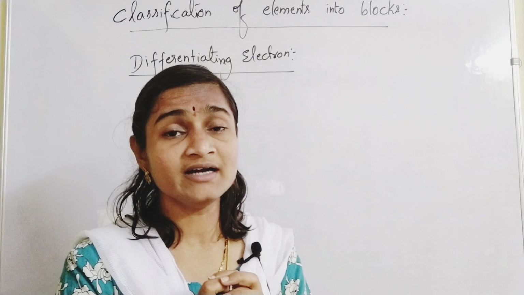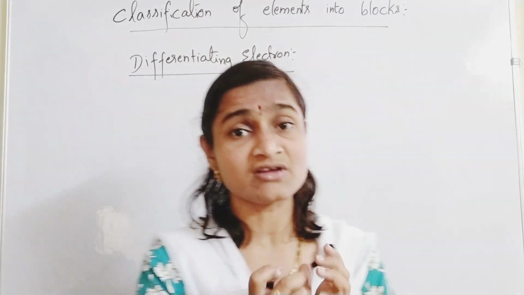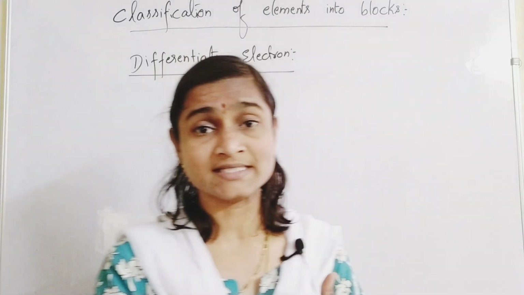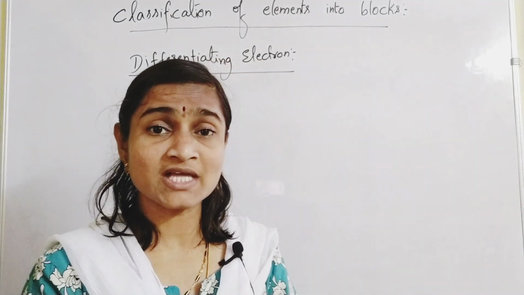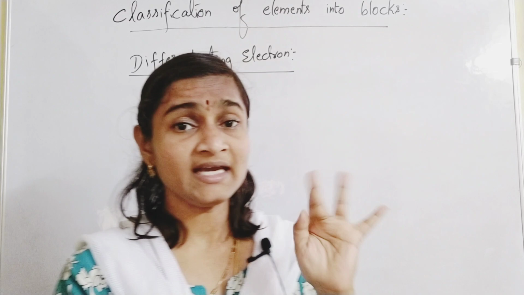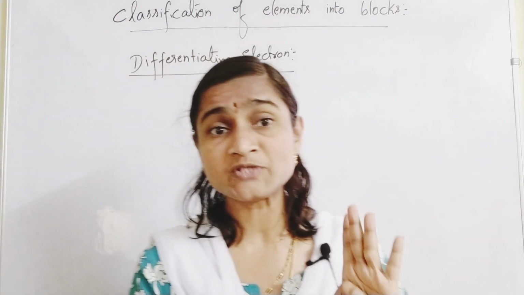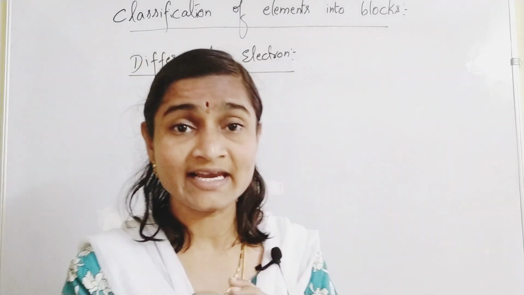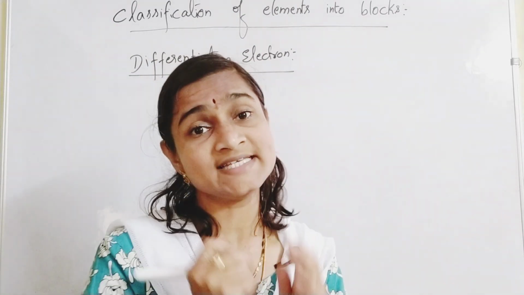And we have all learnt already in the lesson atomic structure that electrons keep entering into subshells. There are 4 types of subshells, S, P, D and F. So based on the subshell into which the last electron is entering, elements have been divided into 4 blocks, the S, P, D, F blocks. Differentiating electron means the last electron of any element, and to which subshell it is entering.